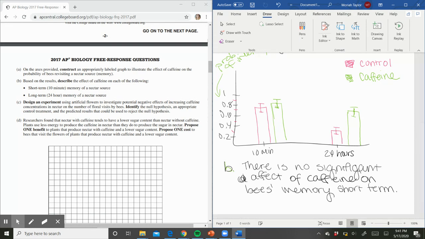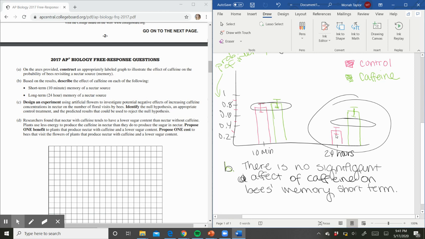But if you look at the 24 hours, you have means that are vastly different, and your error bars do not overlap. So these obviously overlap, but these do not. We have this giant gap right here. So if you go parallel and there's another error bar that overlaps like that, then there is no significant difference. But since these do not overlap, then there absolutely is a difference.